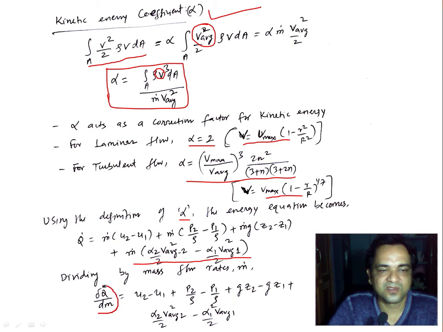The heat transfer per unit mass will be equal to this. The small letters, U2, U1, are the specific quantities, the specific internal energy. Since m dot was there in every quantity on the right hand side, it will be gone.